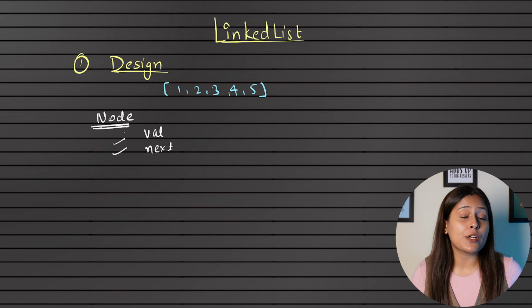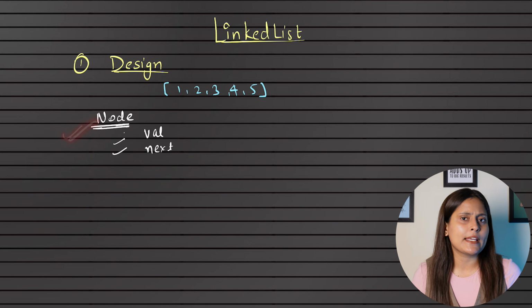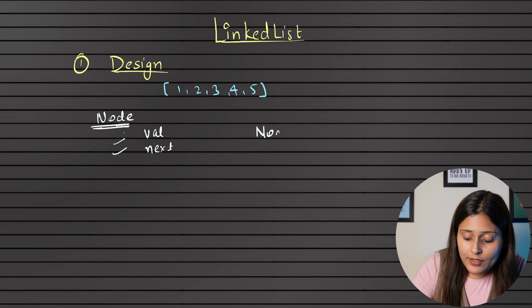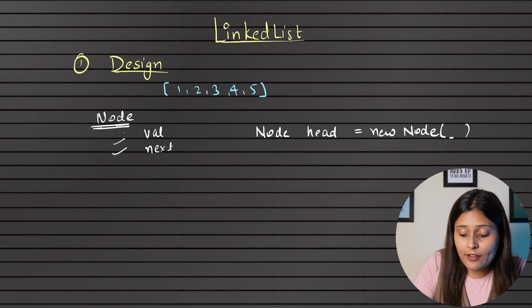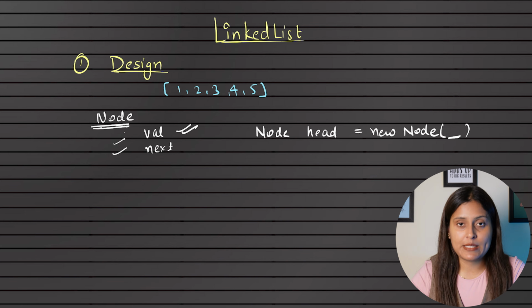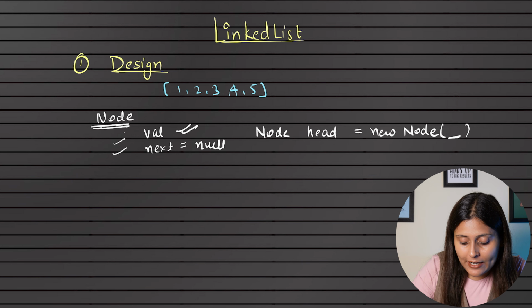Now whenever we have to define any node, we will simply call the class by making an object. So we write type Node, let's say head is equal to new Node with the value, because in the constructor we want to send the value so that this value can be set. And remember, the address we don't know, so we will not send anything. By default, the address will be saved as null.